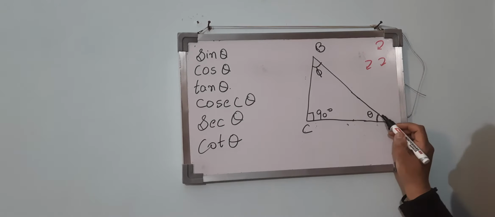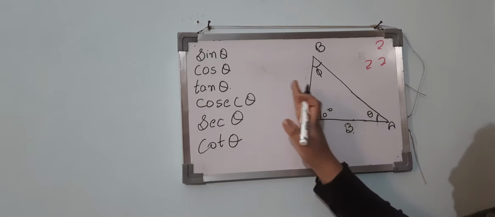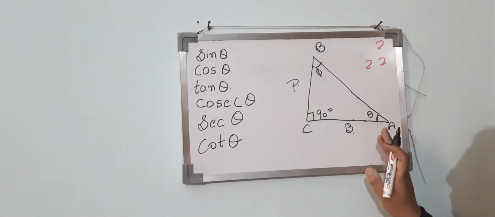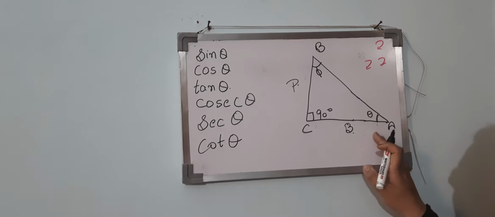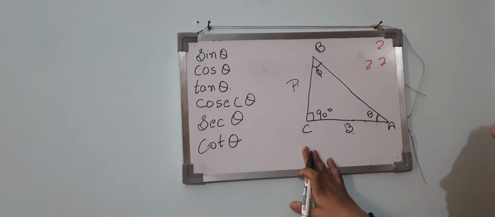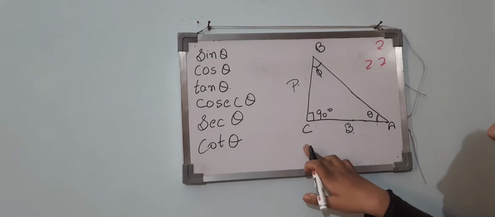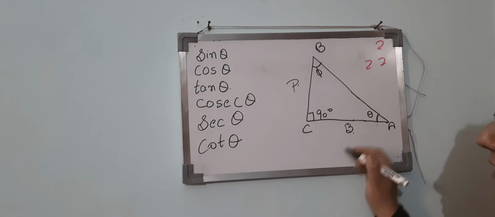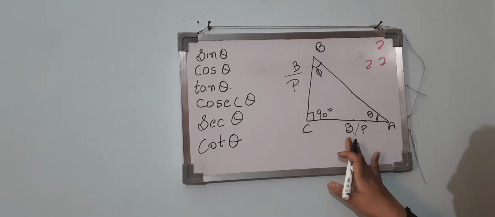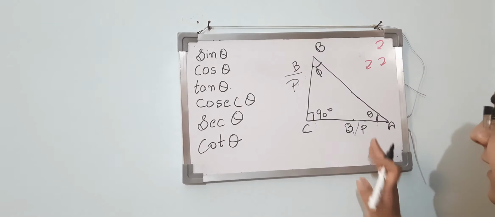The side on which the angle is inclined is known as the base and the side opposite to the angle is known as the perpendicular. If we take theta as the angle, then AC is the base and BC is the perpendicular. If we take phi as the angle, then BC is the base and AC is the perpendicular. It depends on the angle which you take to solve your trigonometric identities.